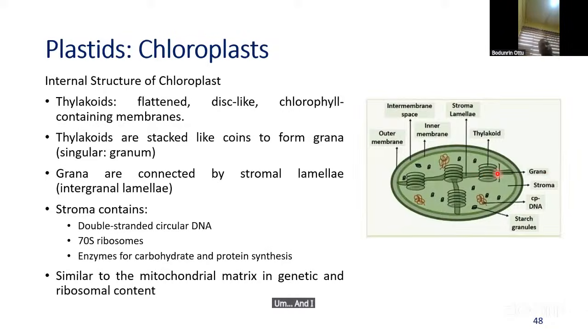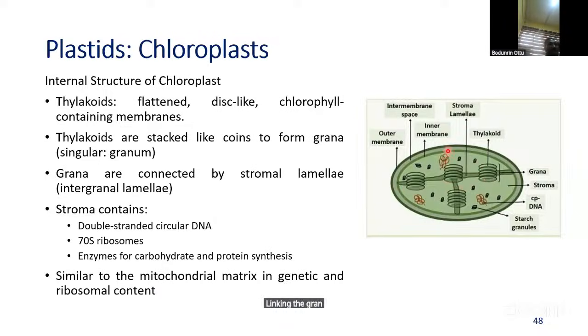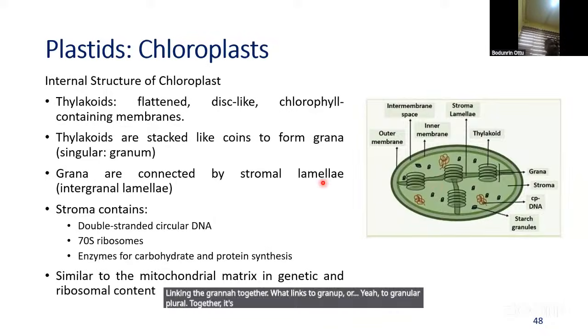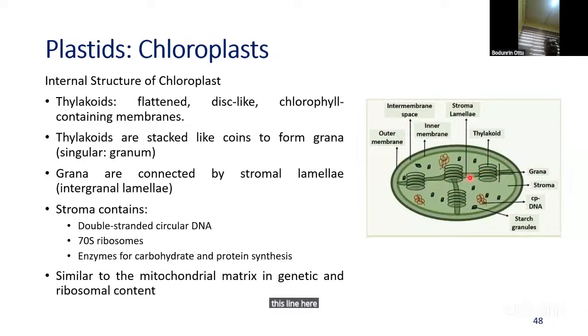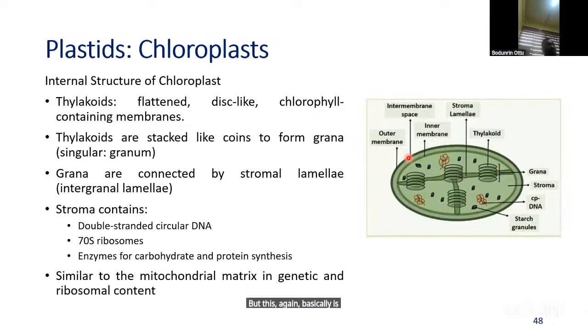I don't want to go into too much detail about what happens in the grana and in the stroma, but what links two grana together is called the stromal lamellae, which is this line here. I'm going to come to the slide that has your assignment in a moment. But this, again, is basically the structure of the chloroplast.